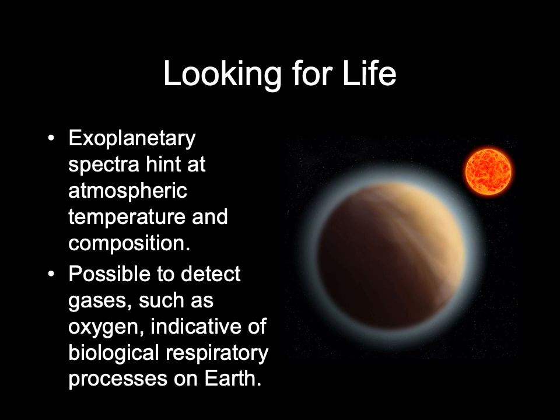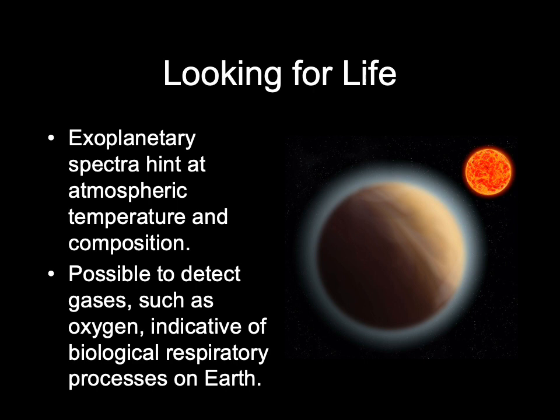In particular, what we would really like to be able to detect is oxygen, because as you recall from our study of the Earth, we have a primarily nitrogen-oxygen atmosphere, but the other terrestrial planets, well, Mercury doesn't have an atmosphere, but Venus and Mars, their atmospheres are primarily carbon dioxide. And we said back at the time that the amount of oxygen in our atmosphere is likely due to biological processes.